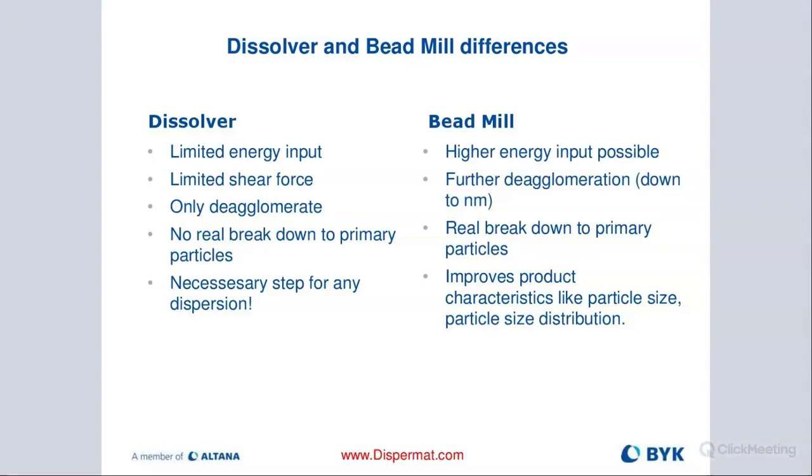But also important to remember here is that you can't really forego the dissolver stage. It's very important to always properly pre-disperse and make sure everything is wetted out and deagglomerated before you actually start the milling process.